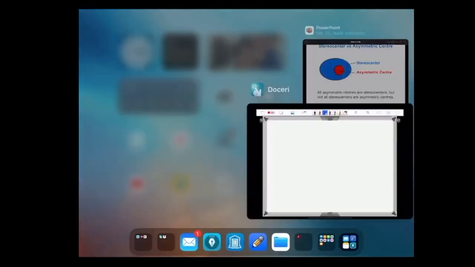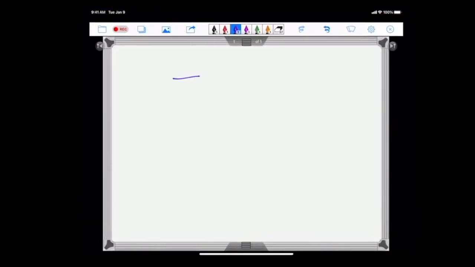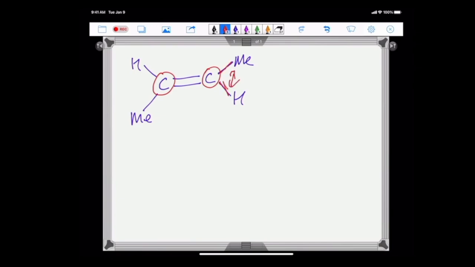What I mean there, if I had this carbon, where this is a methyl, this is a hydrogen, and this carbon here, this is a methyl, this is a hydrogen, this carbon is a stereocenter, as is this one. That carbon is the point where if I were to switch this group and this group, I get a different stereoisomer.